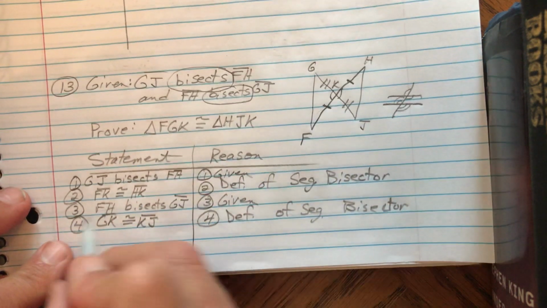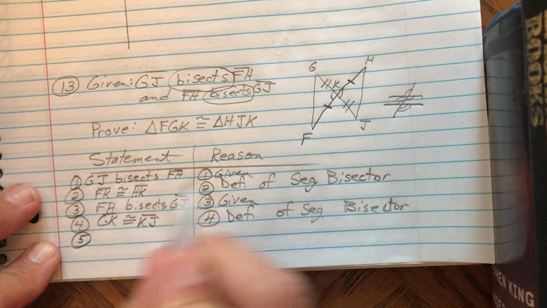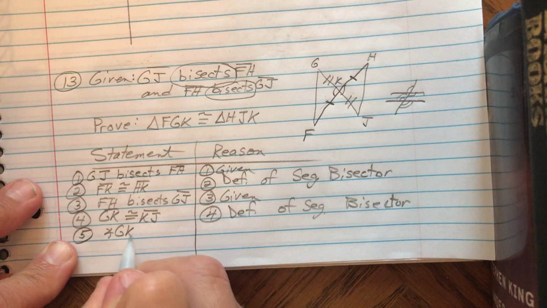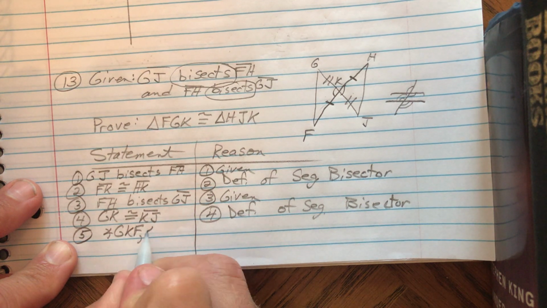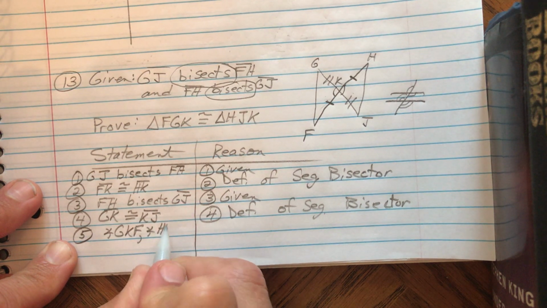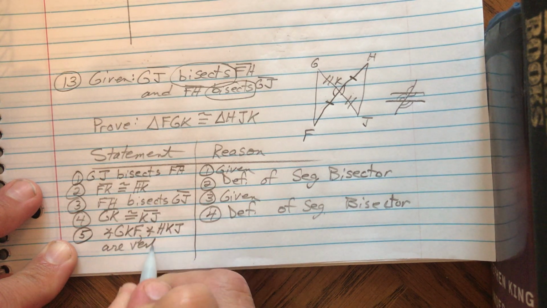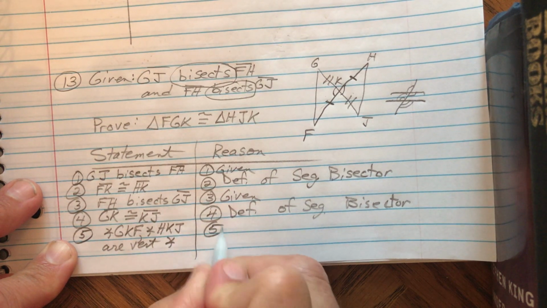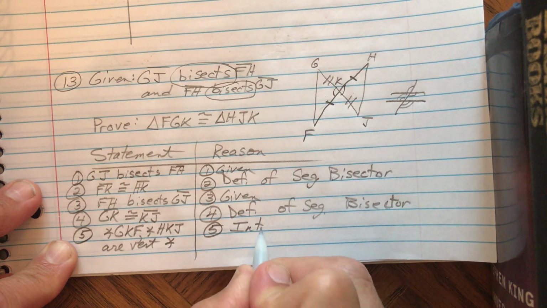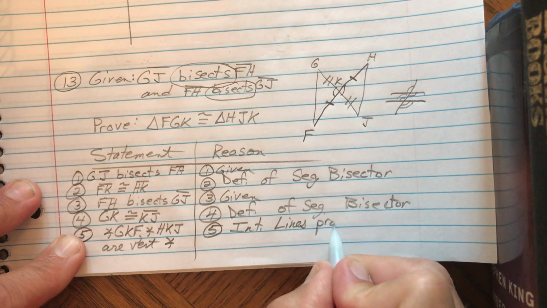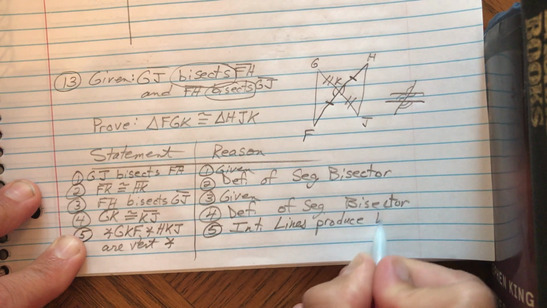So we could say, first of all, we got to present these angles. Angle GKF and angle HKJ are vertical angles. Why? Well, because intersecting lines produce vertical angles.